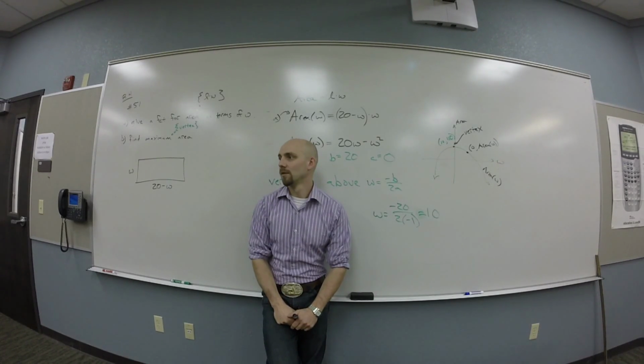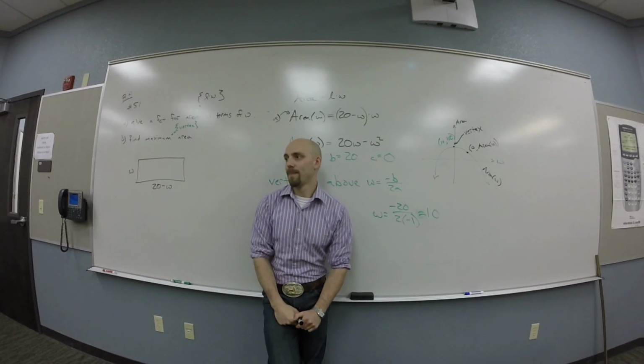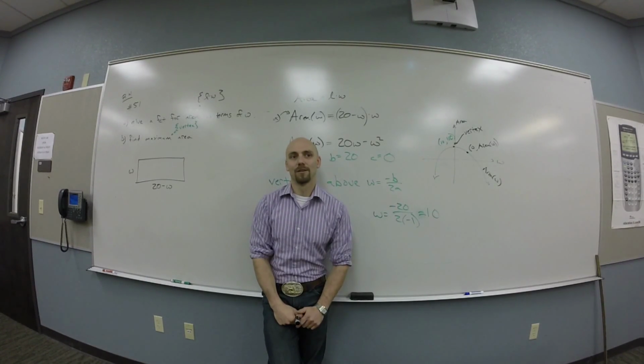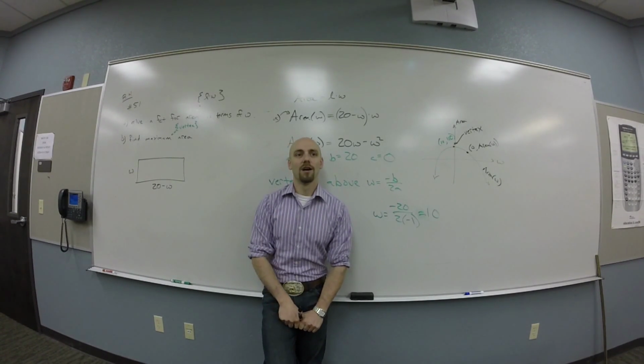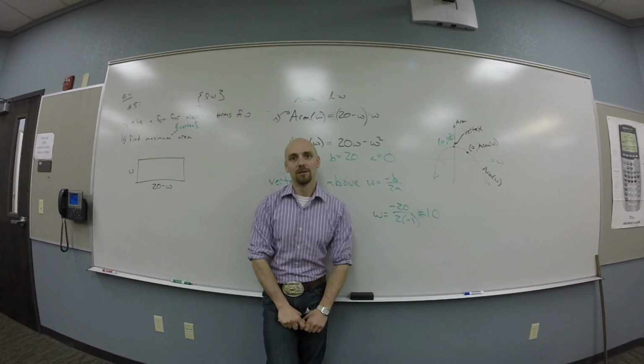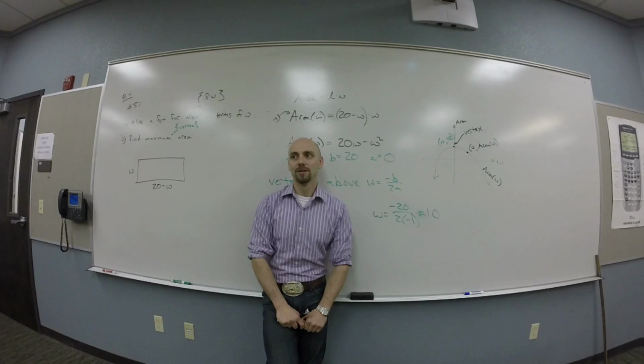So once I found this vertex at 10, comma 100, what's my maximum area they're asking me for? I've got this. It's sitting right here. So I found the vertex. The vertex is at 10, comma 100. That's the vertex of the area function, right? So points on the area function are an input-output pair, right, on the graph.